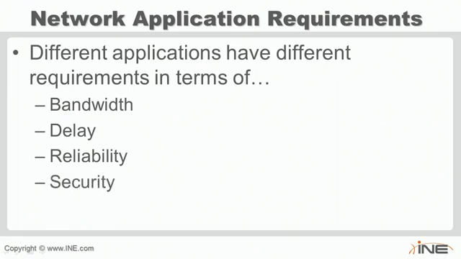Another one is going to be security. If we're sending some sort of corporate sensitive information, then we need to make sure that someone in the middle of the network is not going to be able to tell what the actual data inside of that packet is.